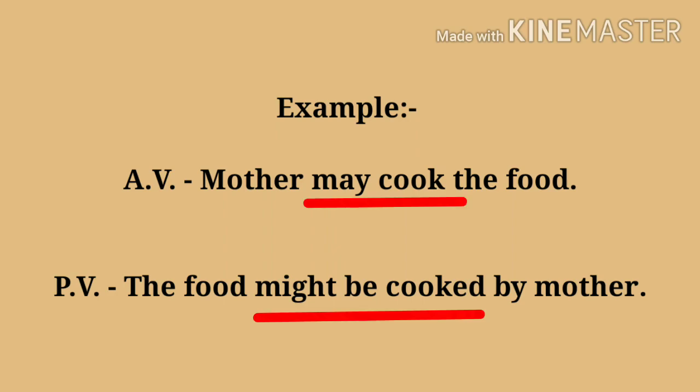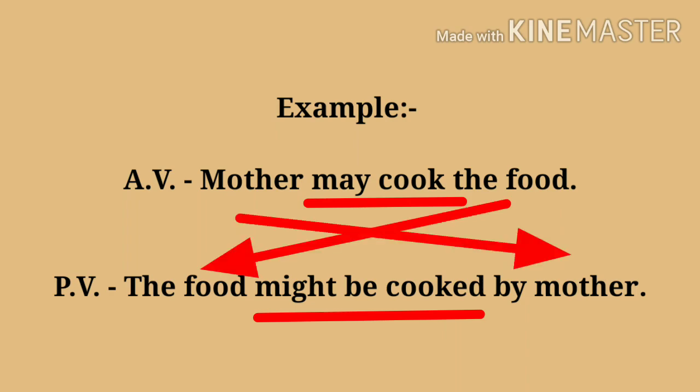So the whole sentence changes to, The food might be cooked by mother. So over here, may cook changes to might be cooked. And the subject, that is mother, in the active voice becomes the object in the passive voice, and the object, that is the food, in the active voice becomes the subject in the passive voice.